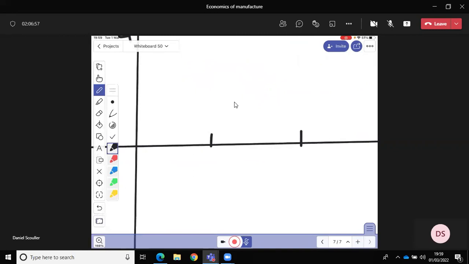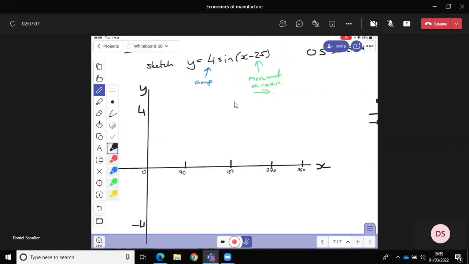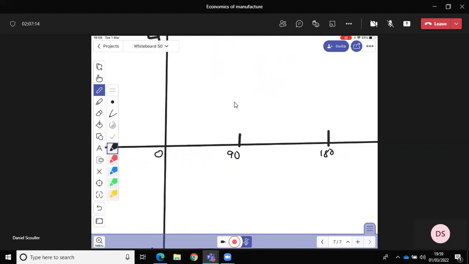X, Y, maximum 4, minimum -4, between 0 and 360. So 0, 90, 180, 270, 360. All our milestones move by 25 degrees. So our start position moves by 25 degrees.